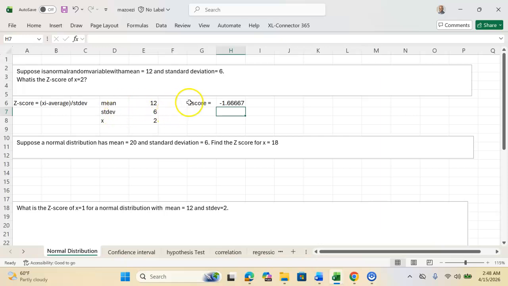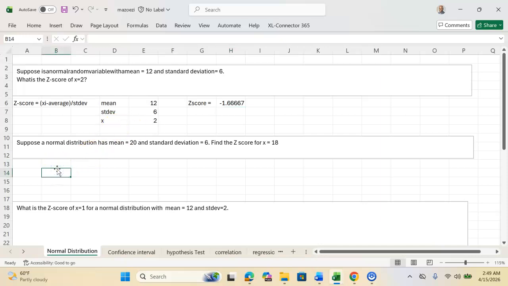So in this case we have found the z-score just by using the formula, and you can see how organizing your data makes the calculation easier. So you can interpret this and say that when x is 2, it is minus 1.67 standard deviations from the mean. So that's one question. Let's go to the second one.